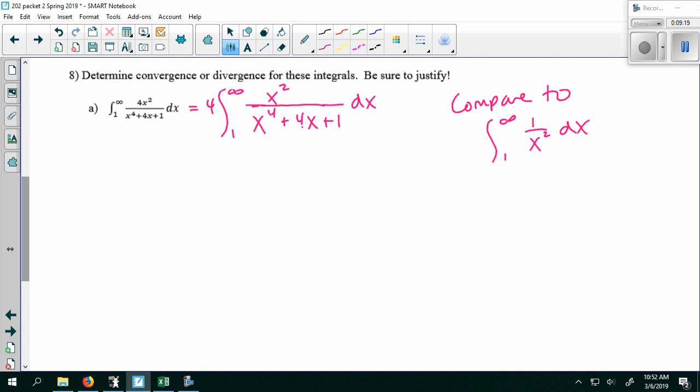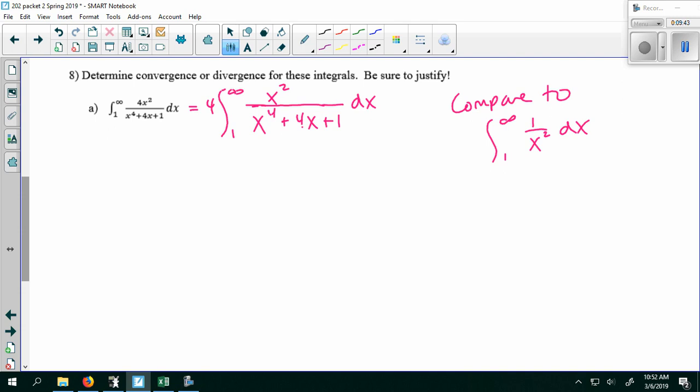How did I come up with 1 over x squared? The leading terms, yes, the leading terms of the numerator and the denominator. x squared over x to the 4th. We're going from 1 to infinity, right? Infinity is huge.